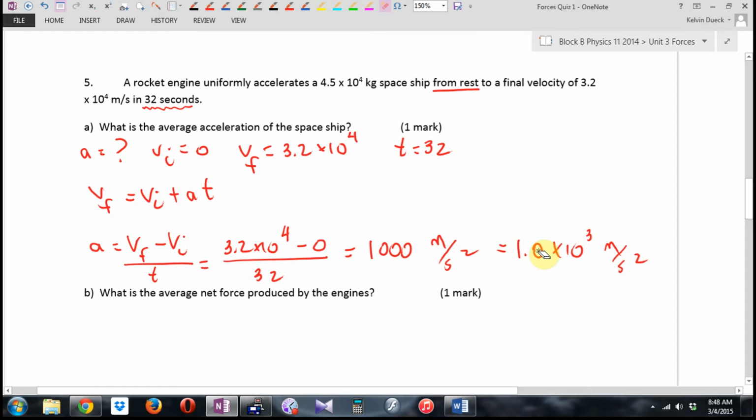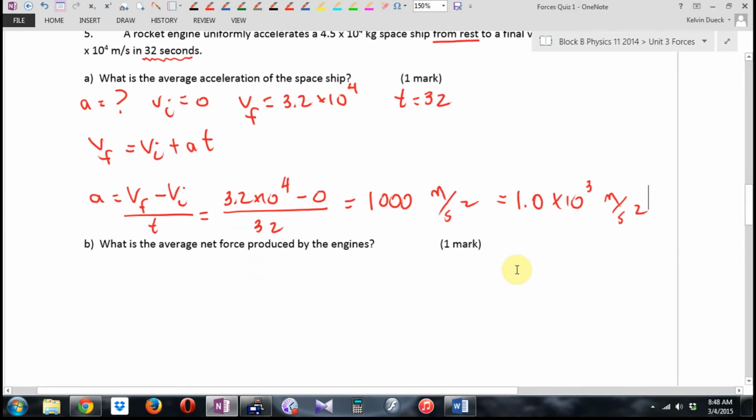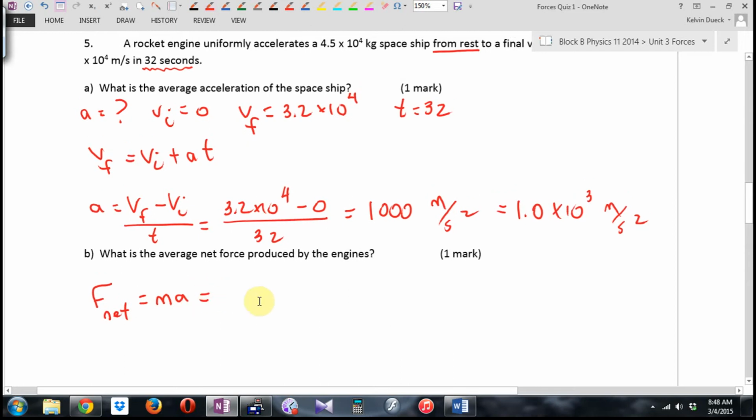Yep. Hey, Max, coming back to you. What's the word in front of the word force here? So you'll notice I haven't had to do a free body diagram, winner minus loser, little dilly-doo. Do I know the mass? 4.5 times 10 to the fourth, which is about the weight of the space shuttle.